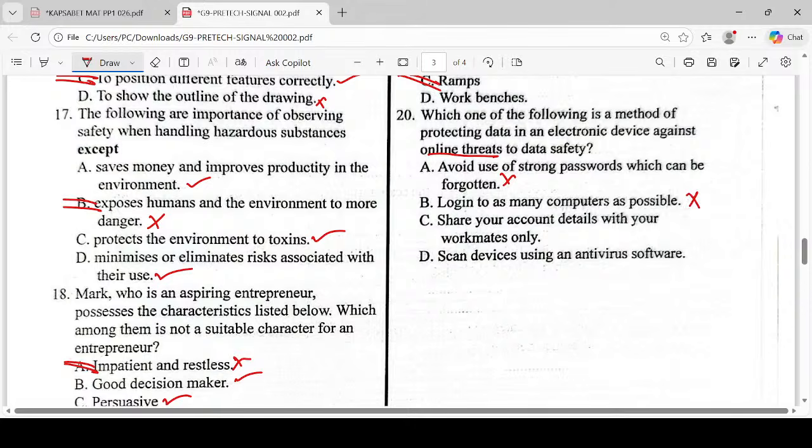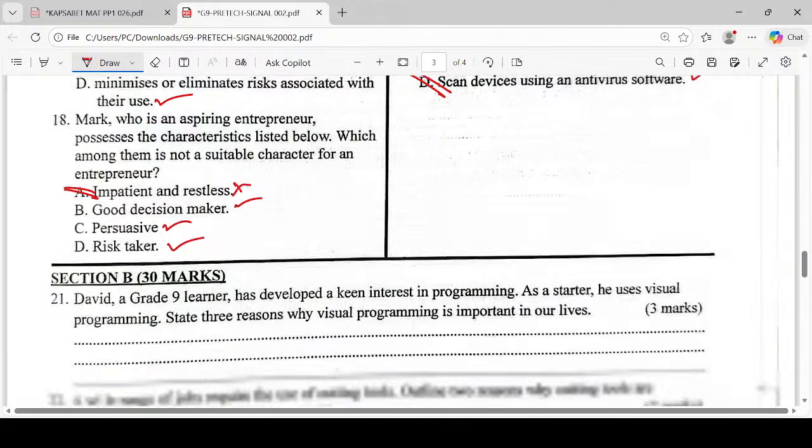Share your account details with your workmates only. This one here is also wrong. Scan devices using antivirus software, true. Because some devices come with viruses, so when you have antivirus software, it is able to detect and clean them before they infect your computer.